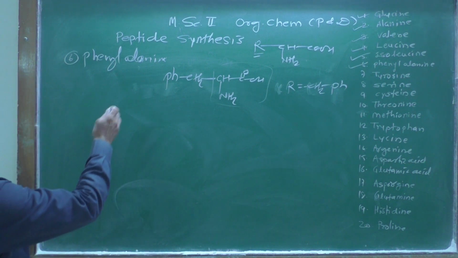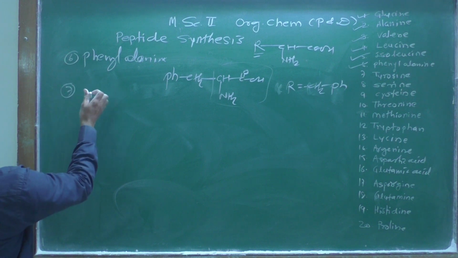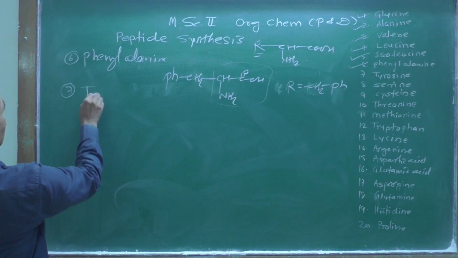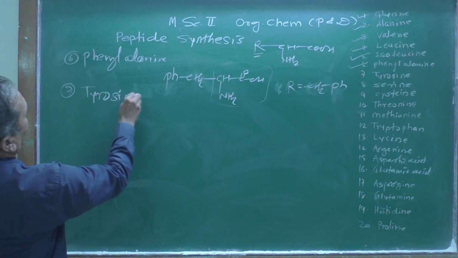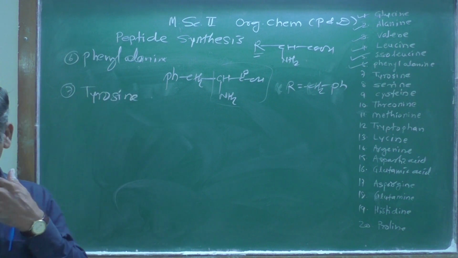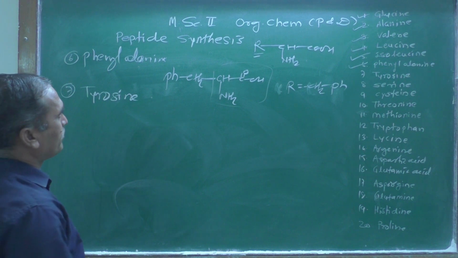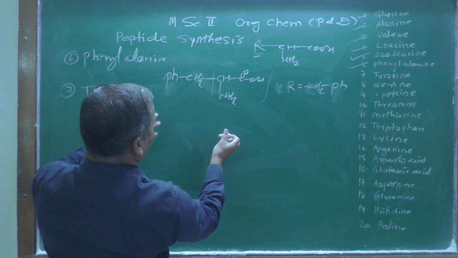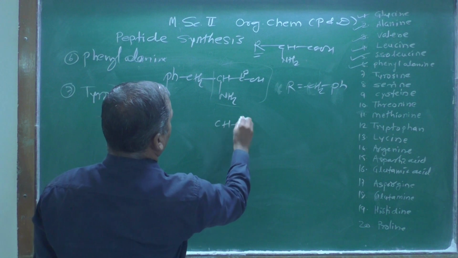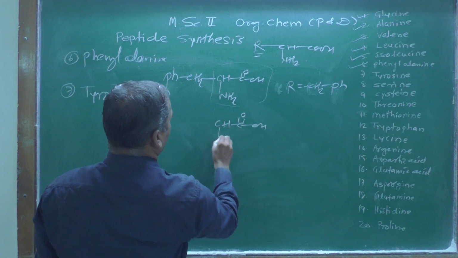Now the 7th one, the structure of tyrosine. The structure of tyrosine will be like this. Only this part remains as it is, meaning CH, C double bond OH and NH2.